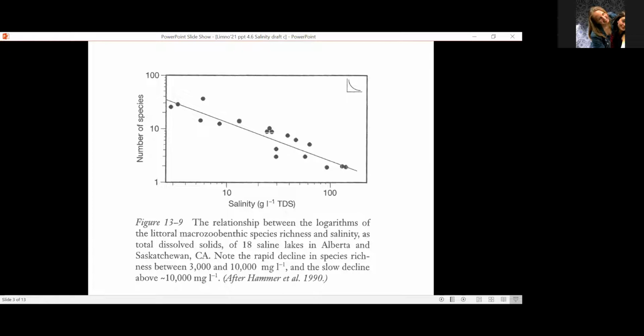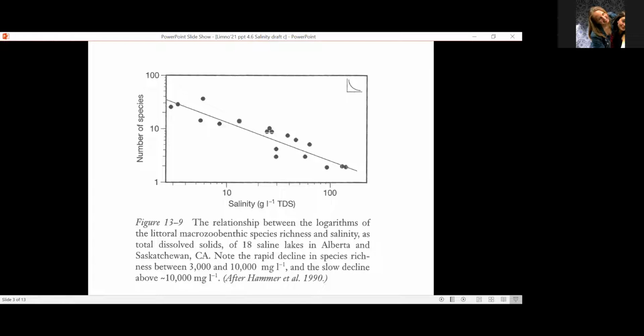So this is a graph from the textbook showing you the macrozoobenthic species richness in the littoral zone. So big animals associated with the littoral zone, attached things.